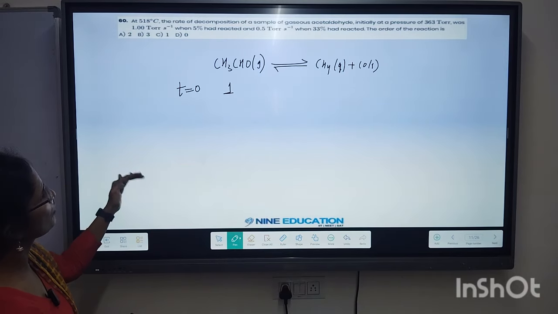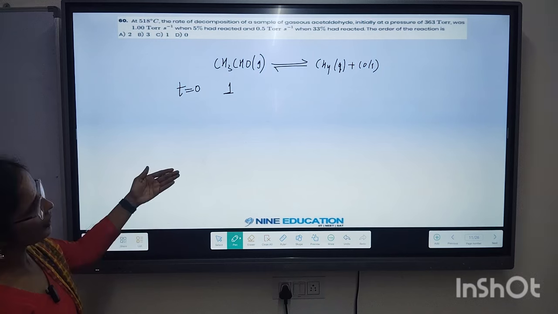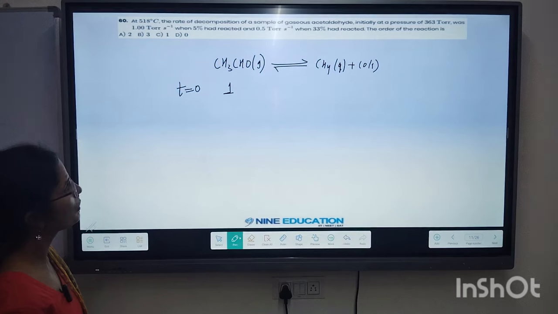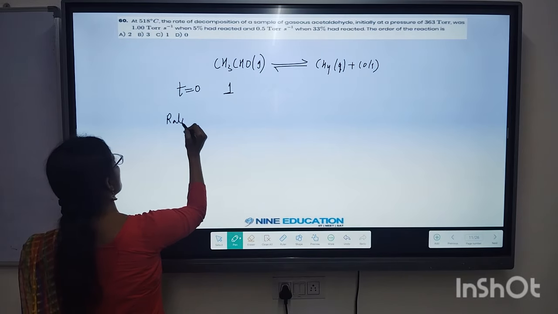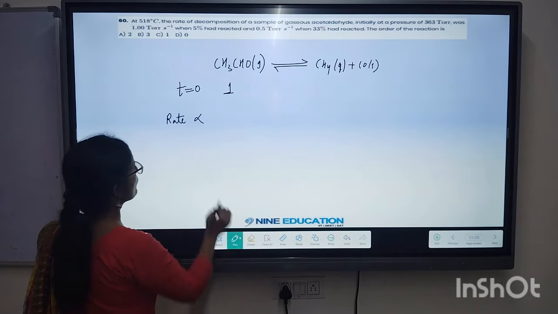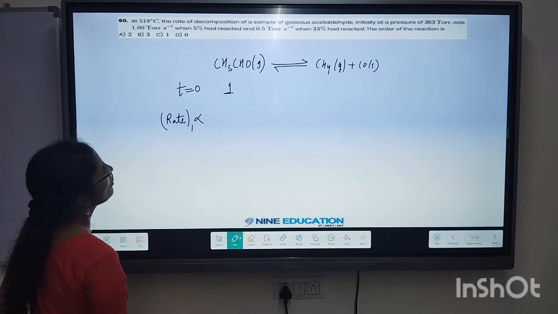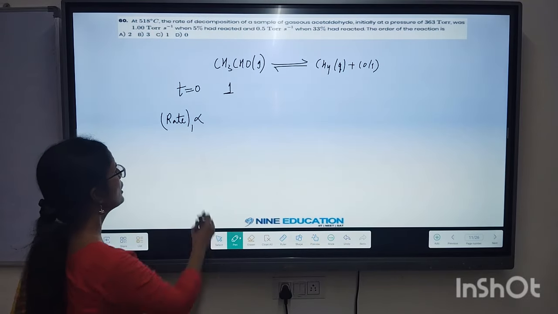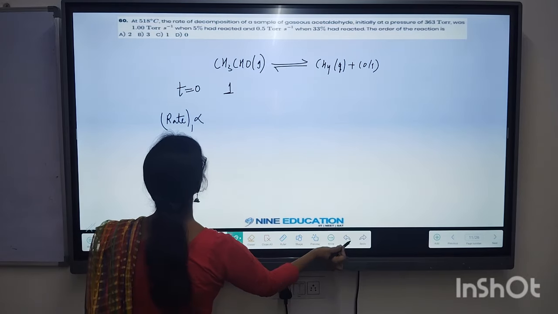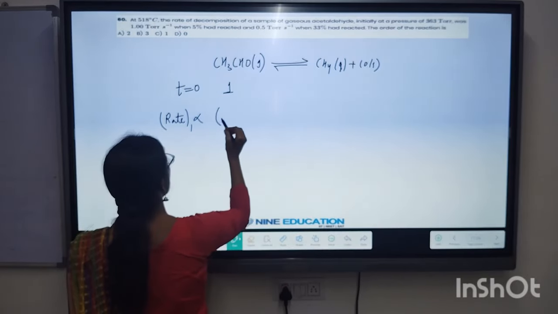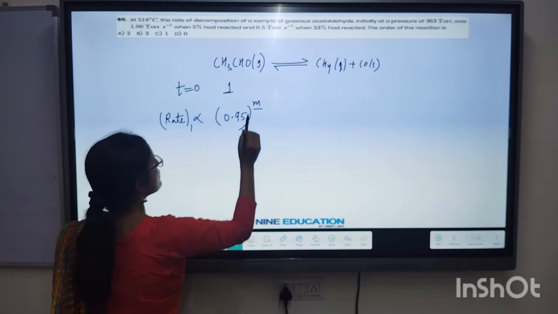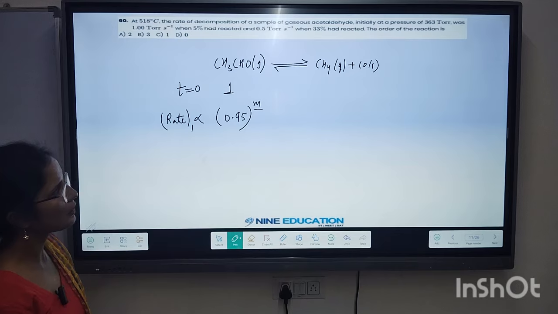As we know, the rate of the reaction will be directly proportional to the reactant concentration, here the reactant moles. So rate will be directly proportional to your CH3CHO amount. So the rate of the first experiment, when 5% had reacted, will be directly proportional to 0.95 raised to power m, where m is the order with respect to CH3CHO.